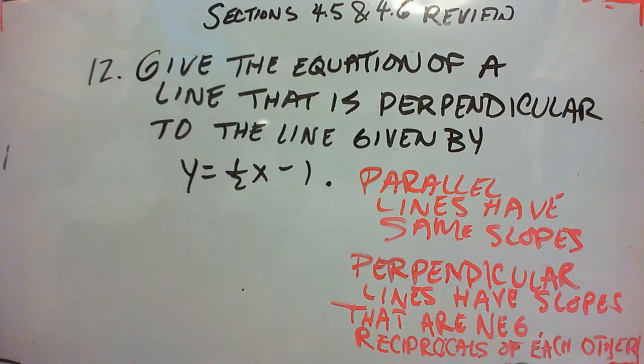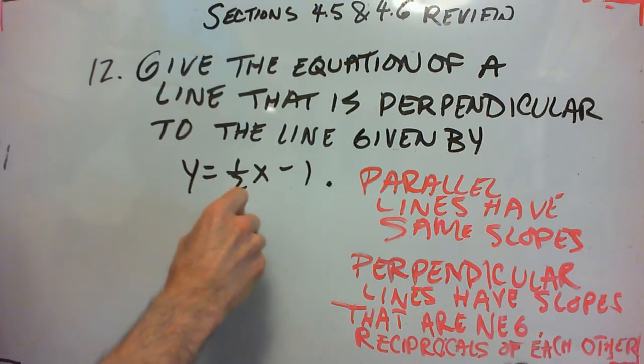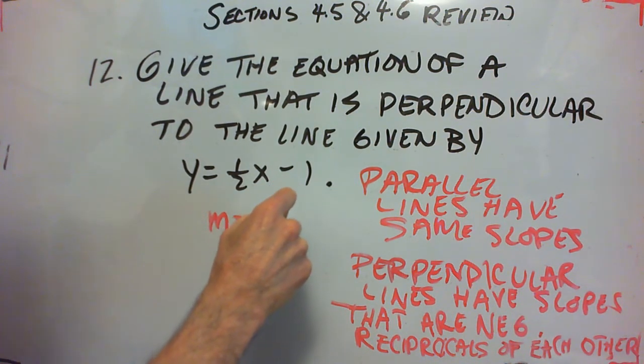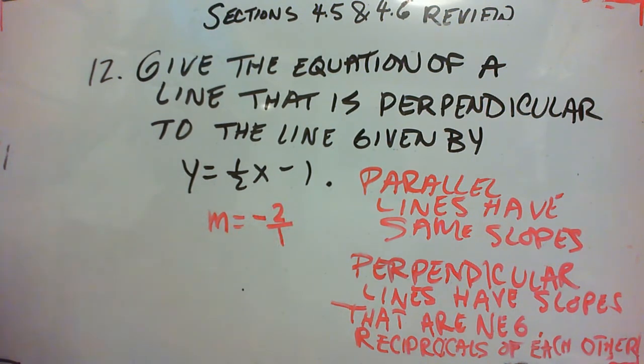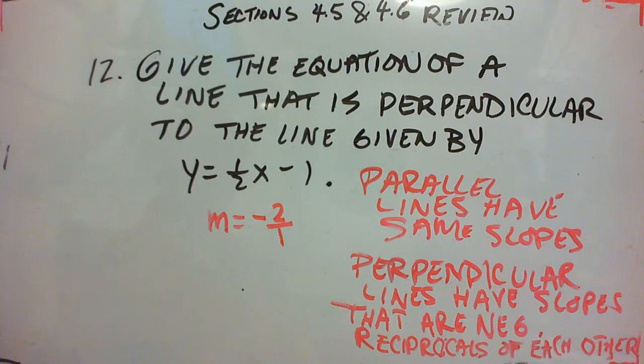So a line perpendicular to this will have a slope of the negative reciprocal. The reciprocal of 1/2 is 2 over 1, but with a negative sign, it's -2 over 1. So any line with slope -2 is going to be perpendicular to that line.